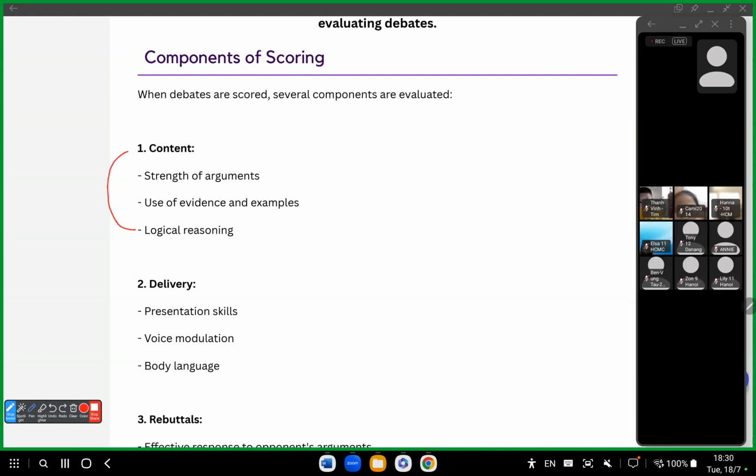The logical reasoning ties in with the strength of your arguments. So if you've organized them well, you can actually make them stronger than if you haven't organized your arguments properly. So that's the first one. What you say, that's basically what content is.